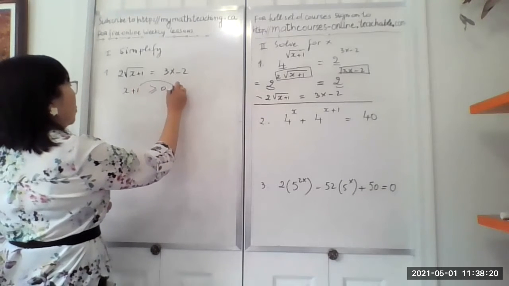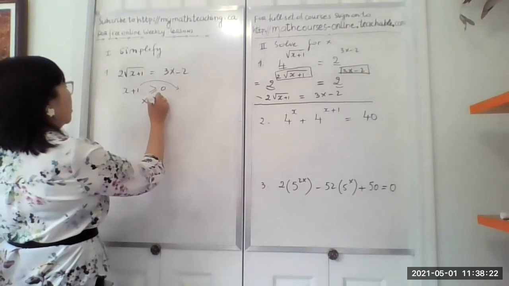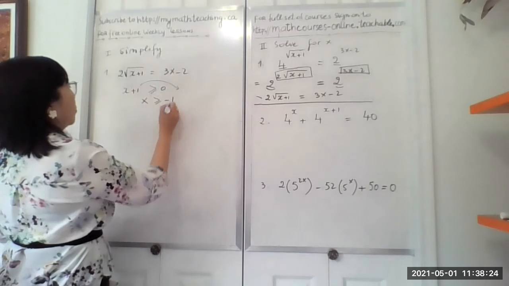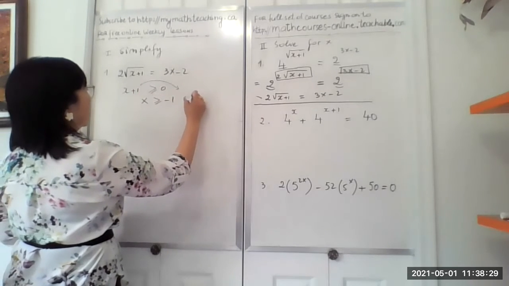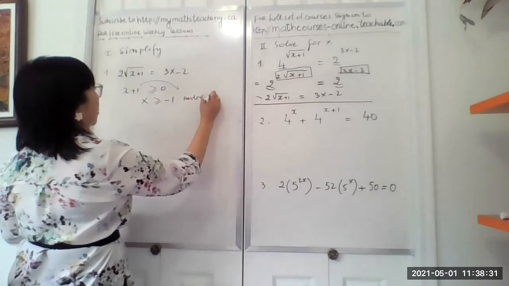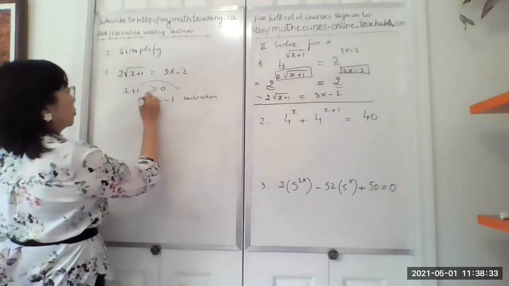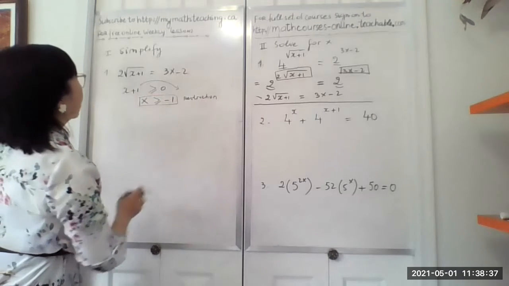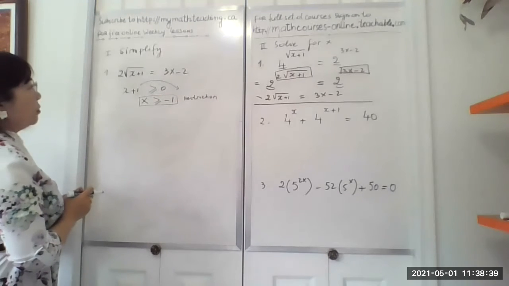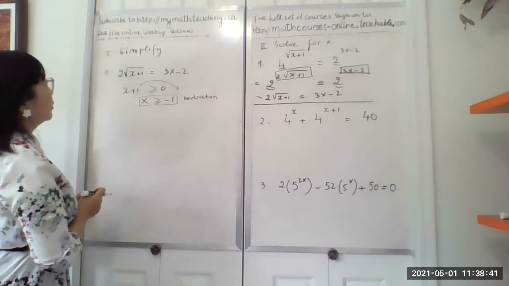And we're going to move the 1 over. So x has to be bigger or equal minus 1. So this is the restriction, right? Make sure after we solve, the x has to be bigger than or equal minus 1 at least. So let's solve and see what's going on here, right?